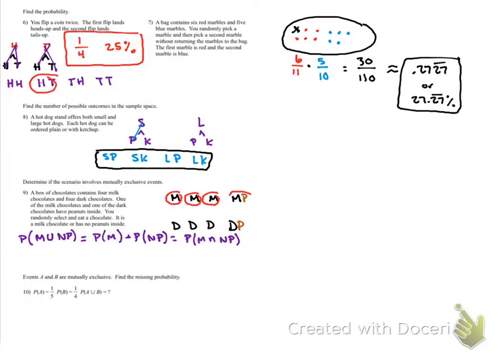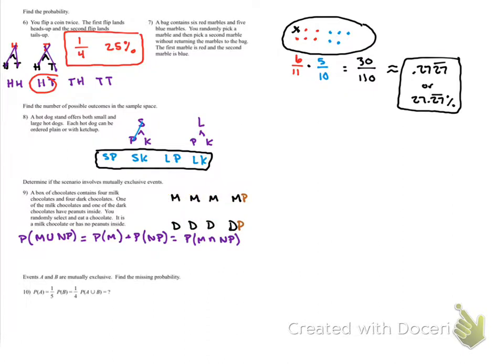Oh, sorry, we can use this one, that is milk chocolate. This one has no peanuts, no peanuts, no peanuts. This is not milk chocolate, and it doesn't have any peanuts, so we can't use that one. So that's 7 out of 8 that are milk chocolate or have no peanuts.